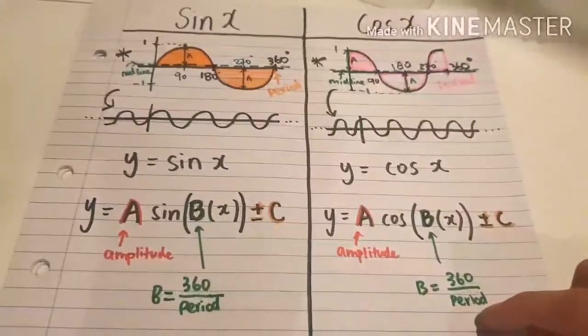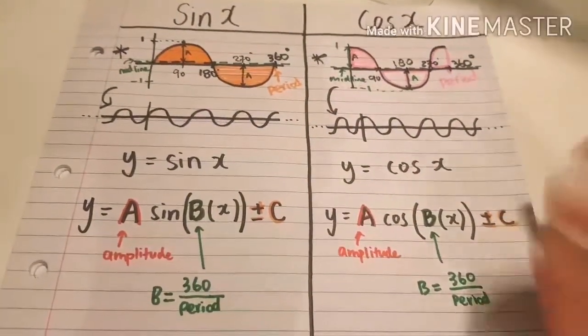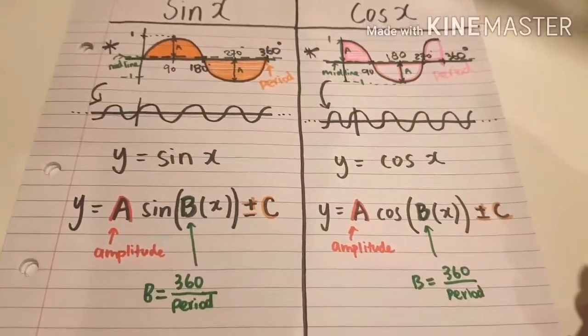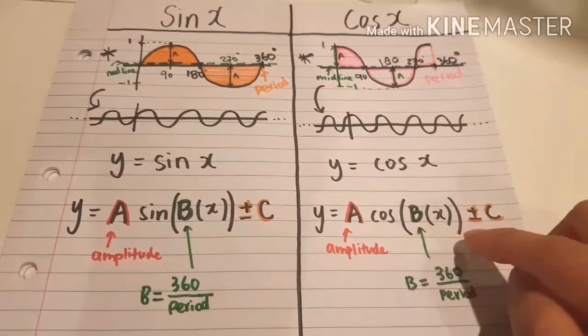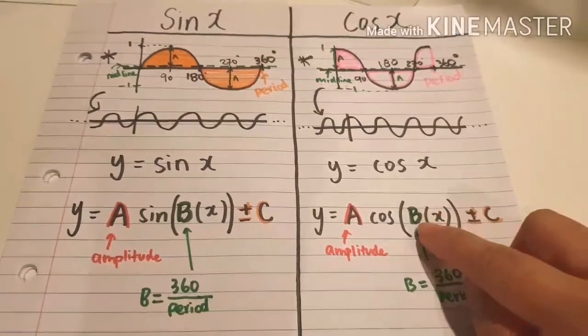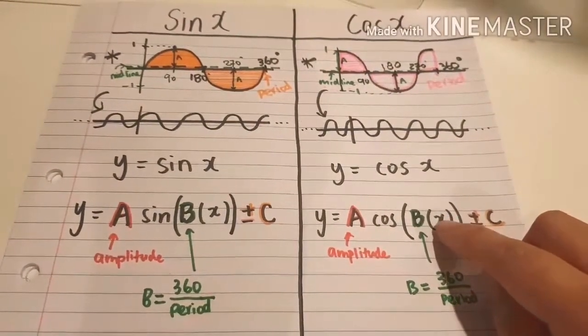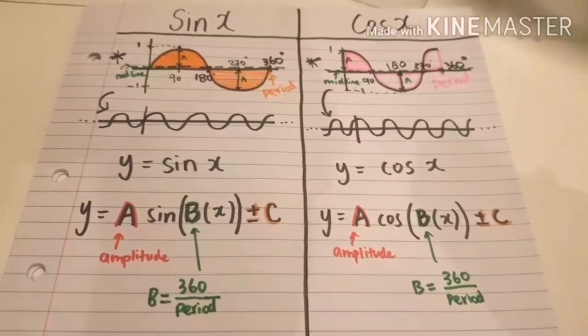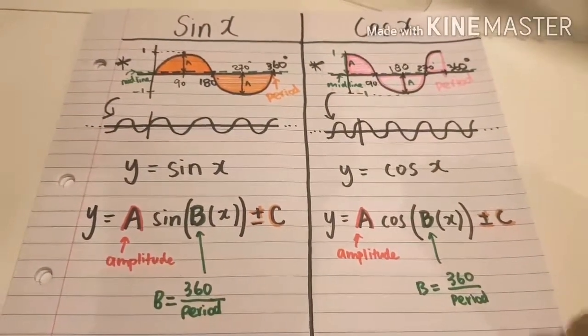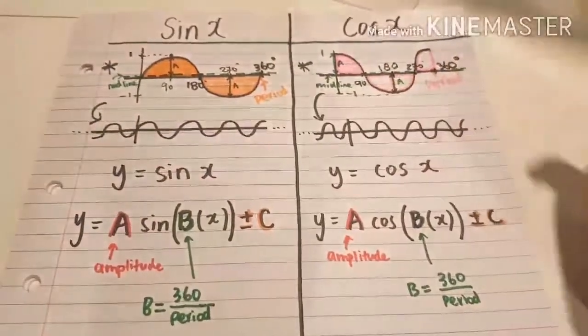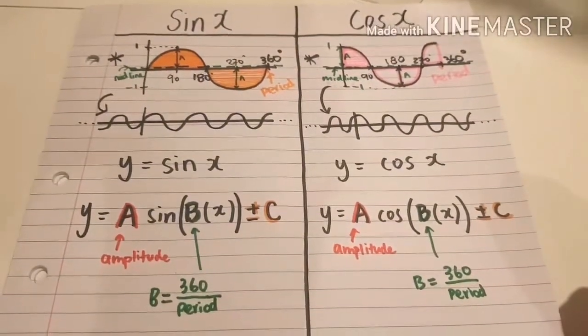So 360 divided by 360 should be just 1, right? So that should be 1. In the calculator, make sure you put a big bracket outside, B followed by a small bracket and X. Otherwise, you'll not find the value. And make sure your calculator setting is in degrees, because over here we are talking in terms of degrees.